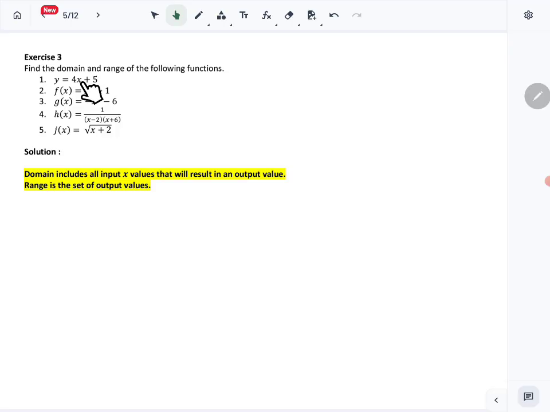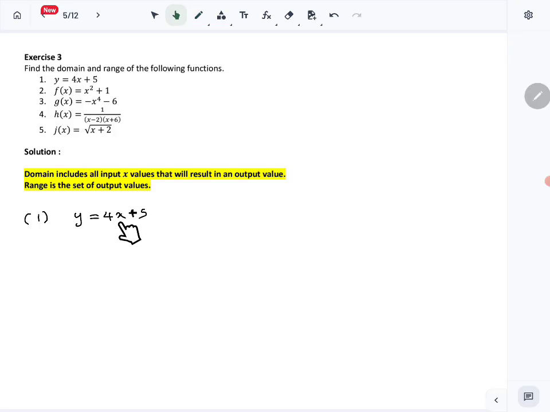So what possible x values you can use is the domain. So any input that will give you an output is part of the domain, right? Range is the set of output values, right? So let's start with the first one. Y equals 4x plus 5.